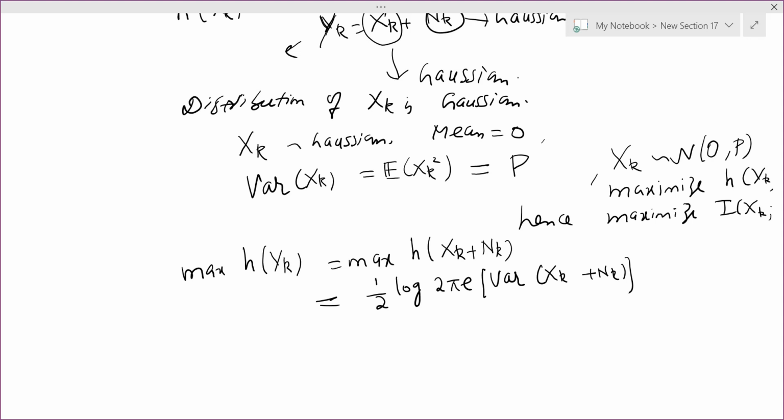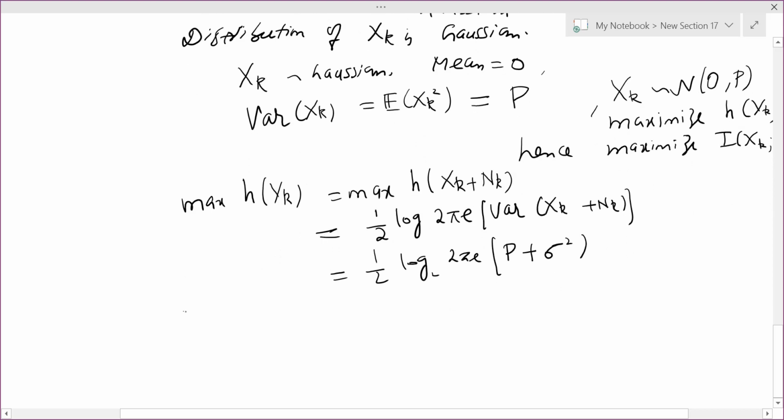Now here we have a sum of two Gaussian random variables, hence the sum of the variances, which will be half log to the base 2 pi e. Variance of xk is p, variance of n is sigma square.